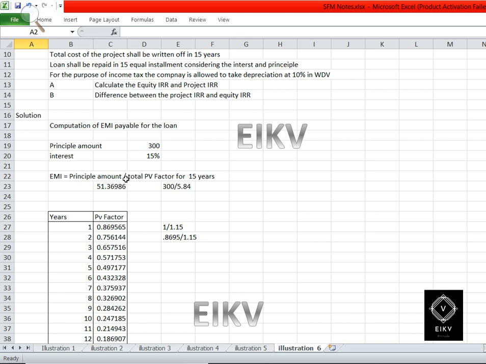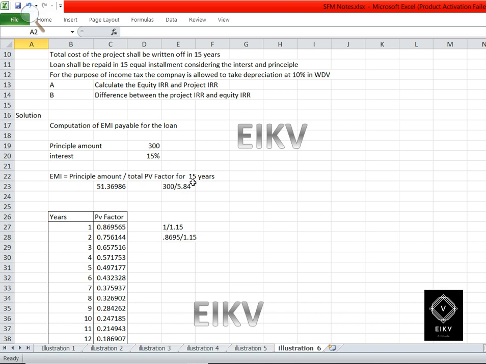For computing the EMI, or the equal annual installment, we need to divide the principal amount by the PV factor of 15 years, which means 300 divided by 5.84, which comes around 51.36 lakhs.